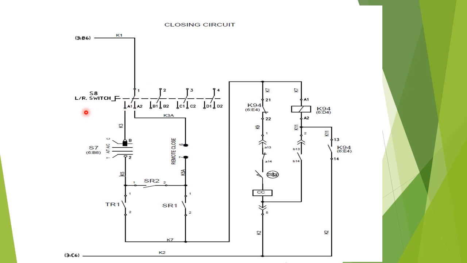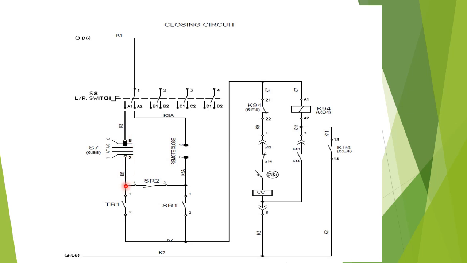So under local operation, this switch must be in local position, therefore the DC coming from the fuse will go through this local remote selector switch contact, and as soon as we give a pulse from this TNC switch, this DC will come to K5, to this terminal.